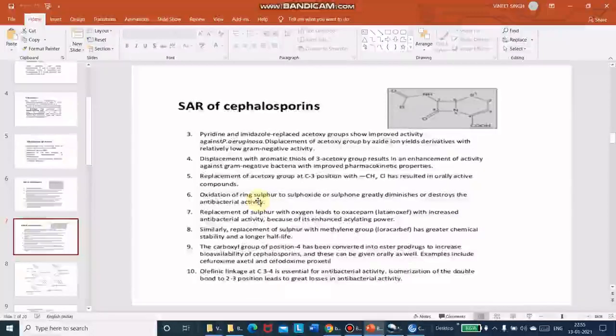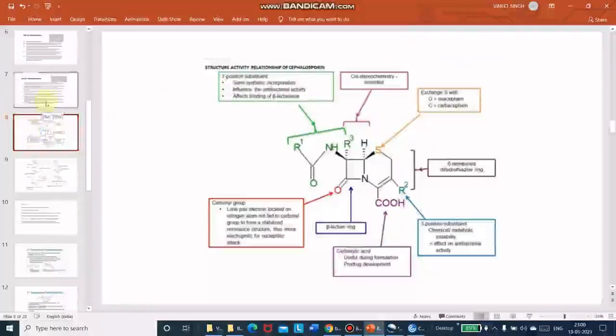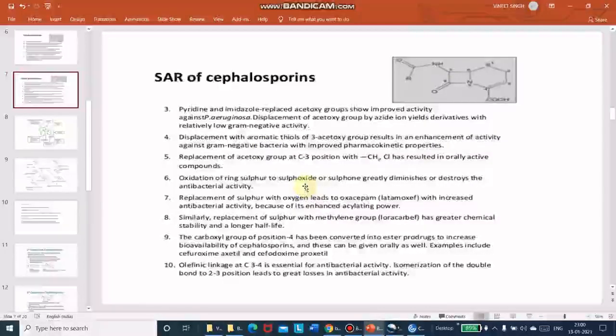And the carboxylic acid. So basically, the carboxylic group at position 4 has been converted into ester prodrugs to increase the bioavailability of cephalosporins, and these can be given orally as well.